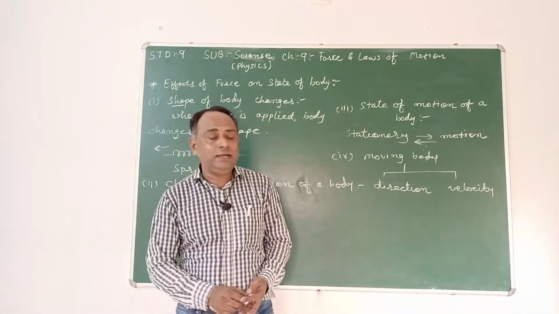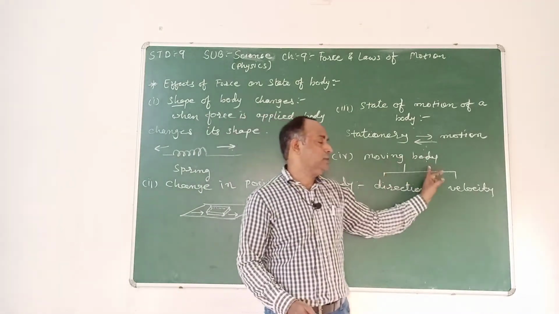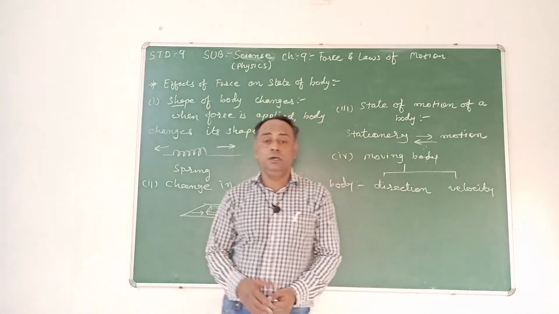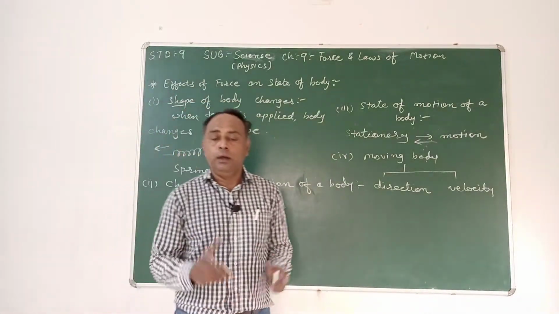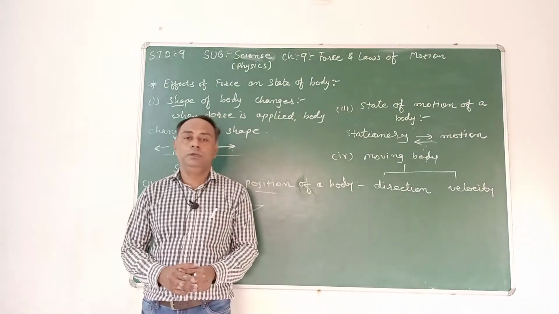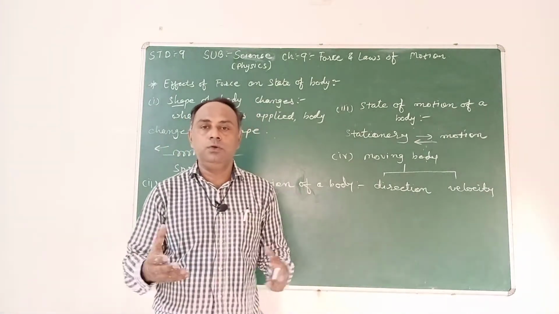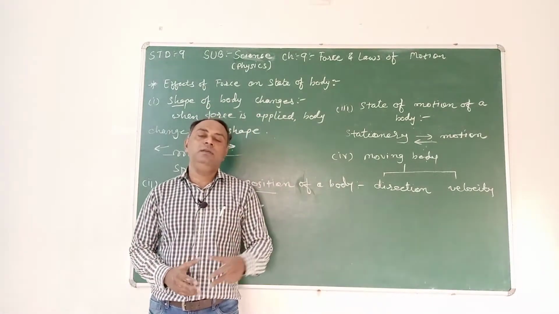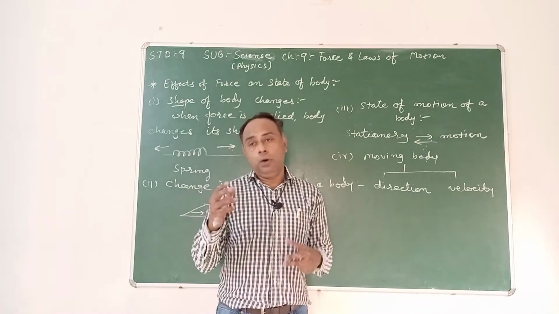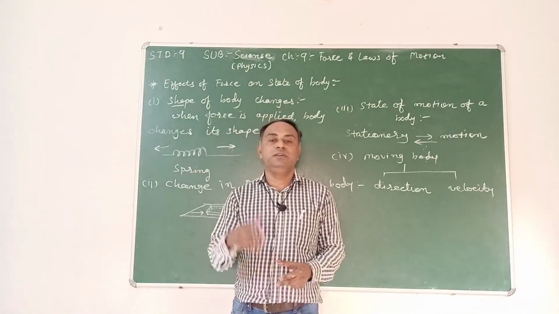The second case is when you apply a force to a moving body: its velocity can change. I'll give you one example of that also. I hope you are all watching cricket matches. We are Indians, so we love to watch cricket. In fact, IPL is on the way. In cricket matches, the bowler is already running fast, and he tries his best to bowl as fast as possible.